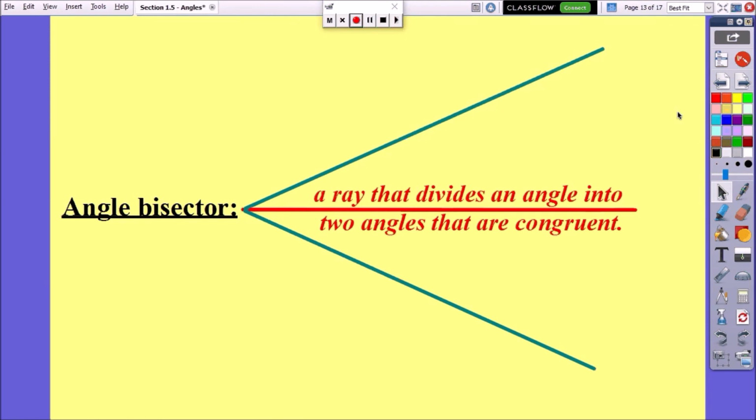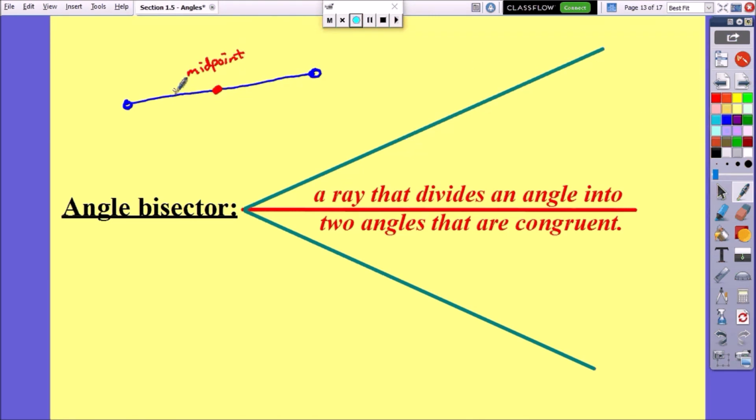Now, I'm also going to throw in another vocabulary term before we start to apply the angle addition postulate. Sometimes we may want to cut an angle in half. We may want to what's called bisect the angle. We used the term bisect before in a way that also described a midpoint. So let's say I had a segment and I had the midpoint right here. I know it could be the midpoint if I saw some additional markings.